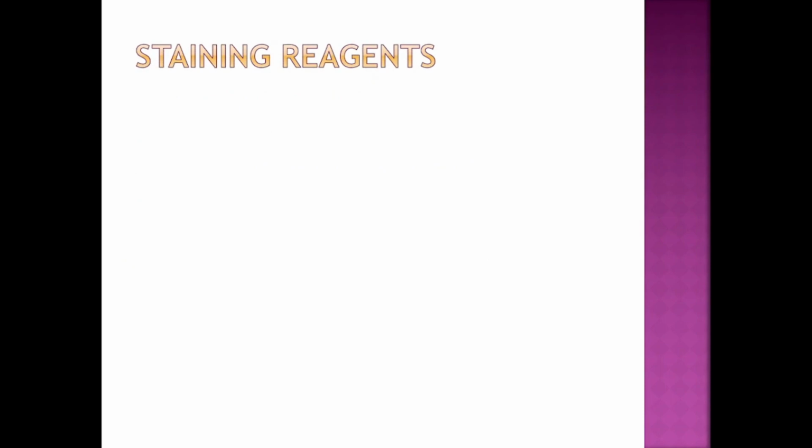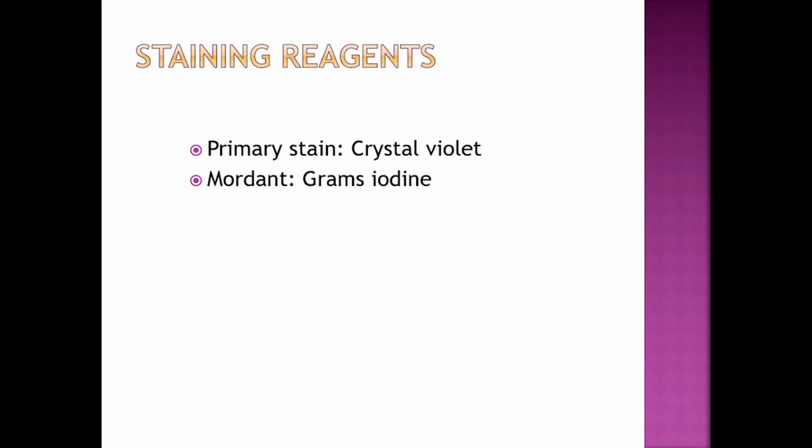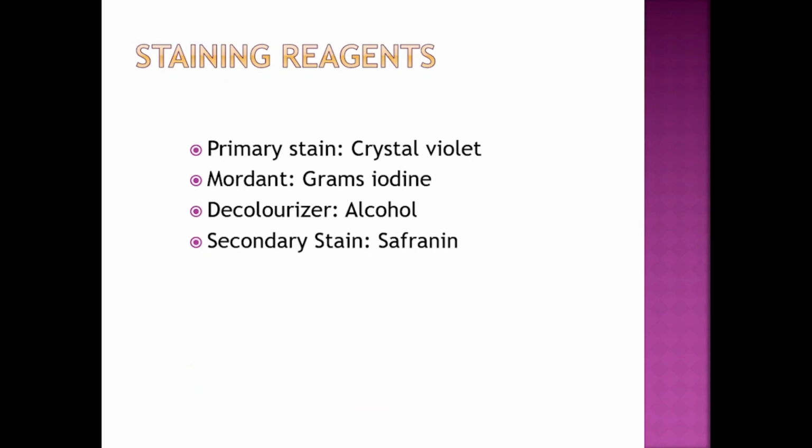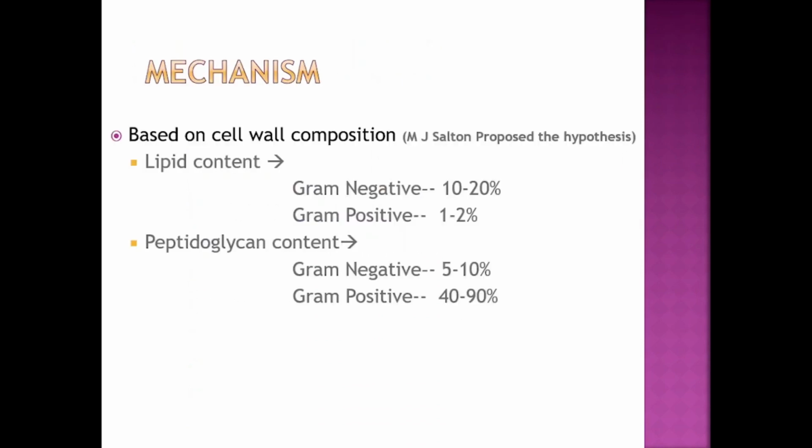This staining technique requires various reagents: a primary stain, for example crystal violet; a mordant like gram's iodine; a decolorizer, that is alcohol; and a secondary stain like safranin. The difference between gram positive and gram negative bacteria mainly depends on the cell wall composition of that bacteria.